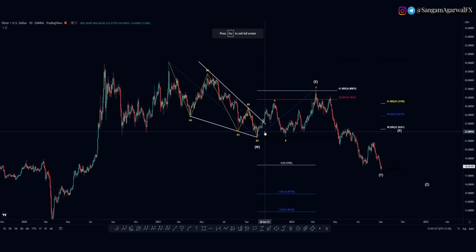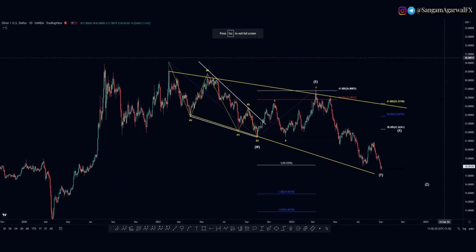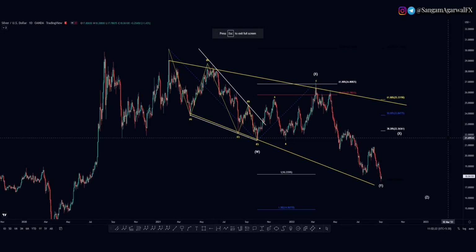So this was the wave count for silver on daily time frame, and this is based on candlestick chart. And if you see this wave count clearly, then we have this falling V chart pattern.